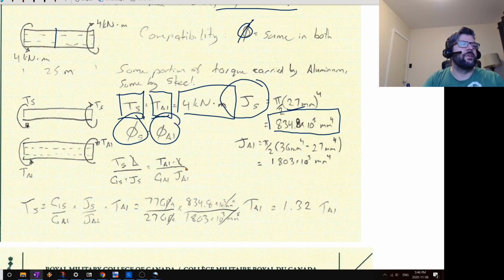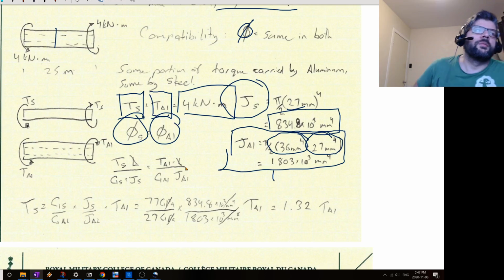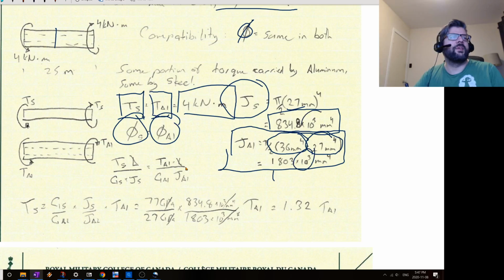Now our J for the aluminum: pi over 2 times the outer radius to the fourth minus the inner radius to the fourth. So 32 millimeters to the fourth minus 27 millimeters to the fourth gives us 1,803 times 10 to the 3 millimeters to the fourth. I just kept that in terms of 10 to the 3, because I used it for this one too, and I'm going to cancel them out later.